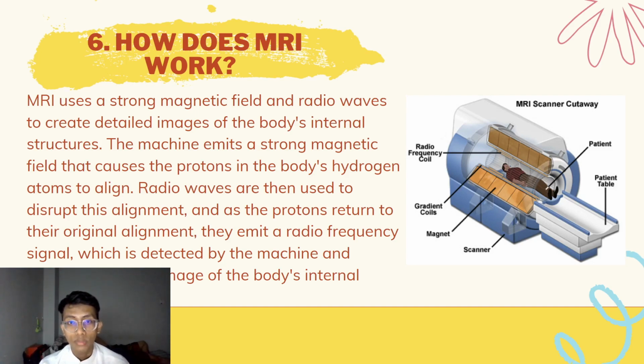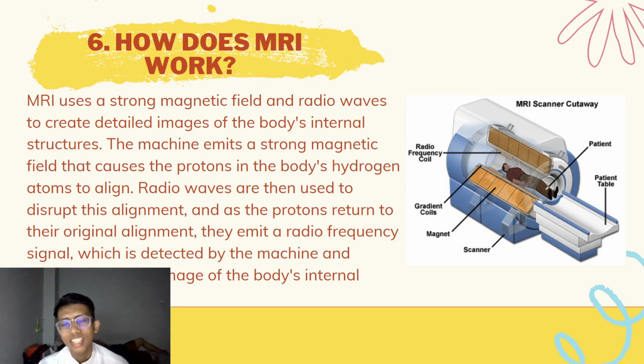The strong magnetic field will align the protons of the body's hydrogen atoms from like this to like this, and then the radio wave will disrupt this alignment back to where it was, and when it is moving back to its original position, it will emit a radio frequency signal that will be translated into an image of the body's internal structure by the machine.